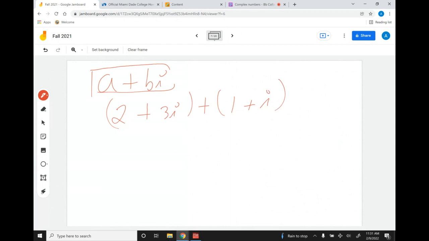What does that equal? This time we're just adding. One thing that I didn't tell you is that the a is what we call the real part. And the bi is called the imaginary part.